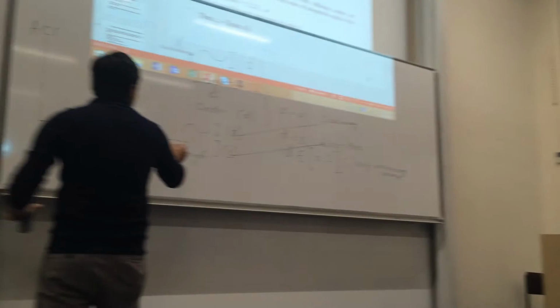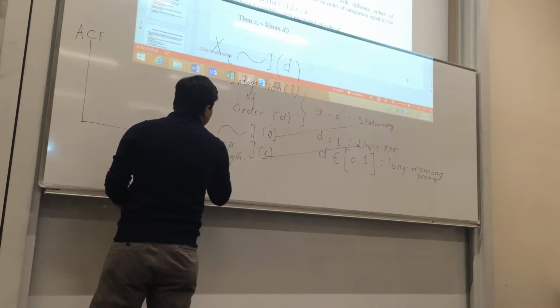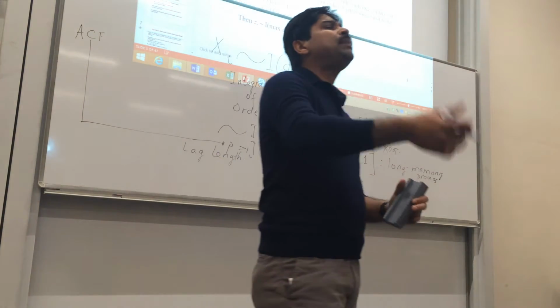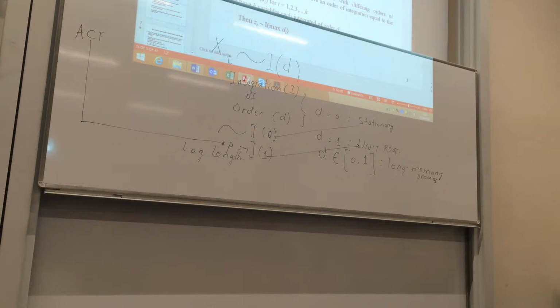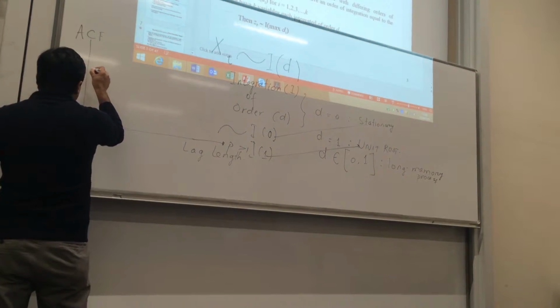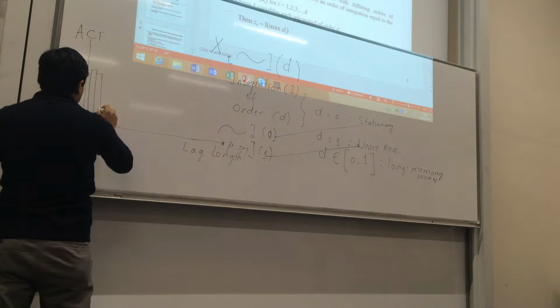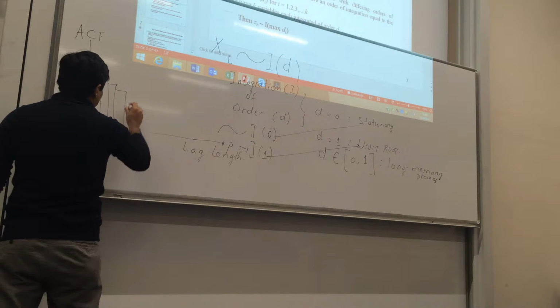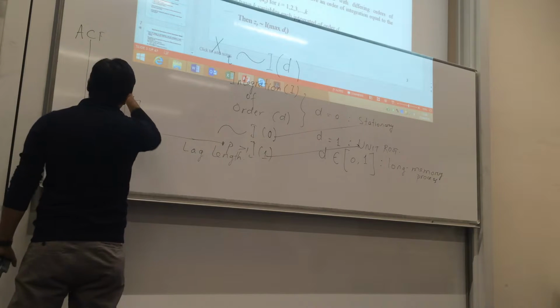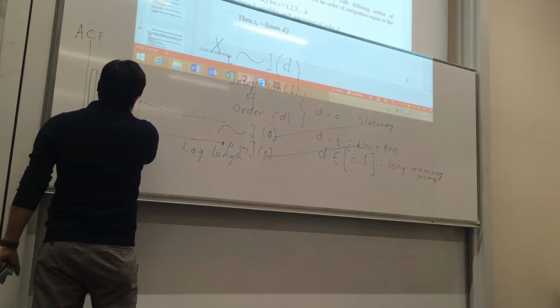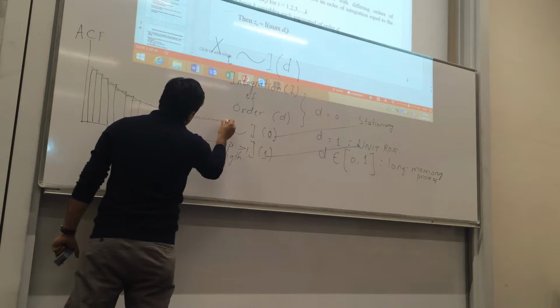So let's say we have p lags and p is greater than 1. Let's say p is 50, 60, 100, 20, 30, any number. Now think about this graph.